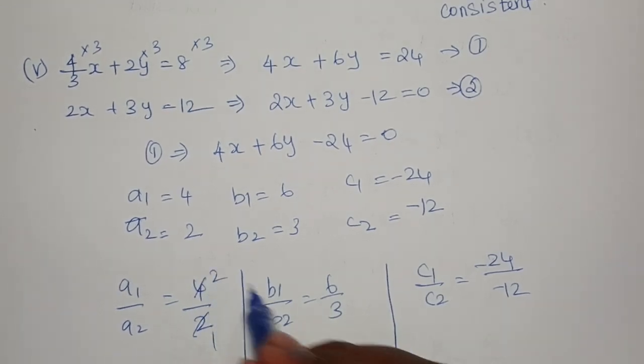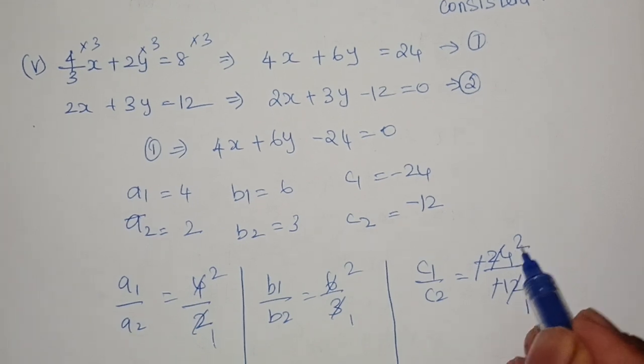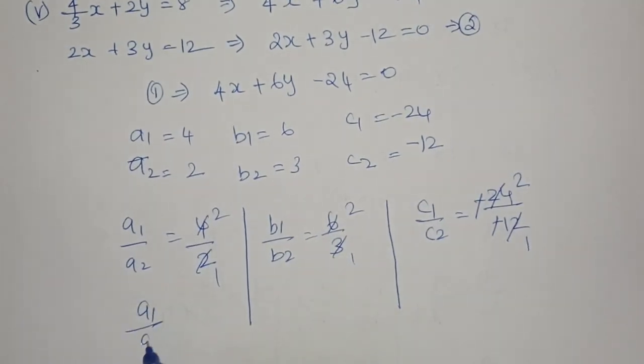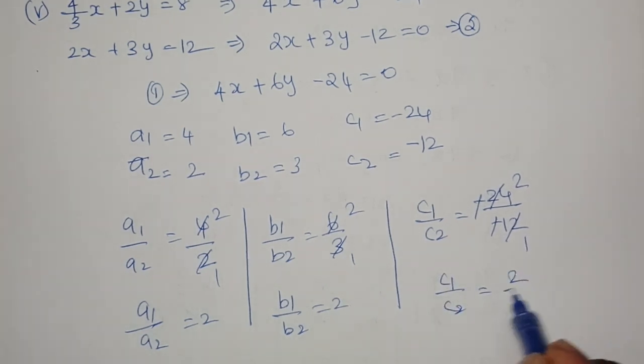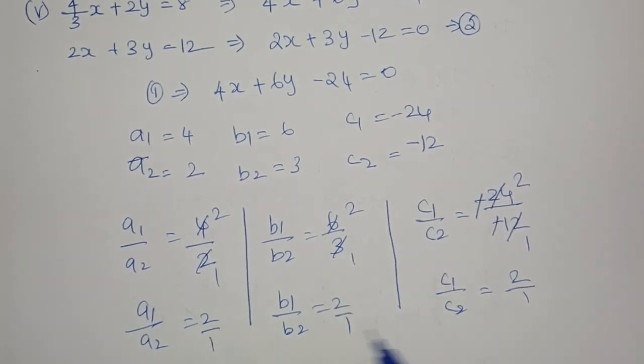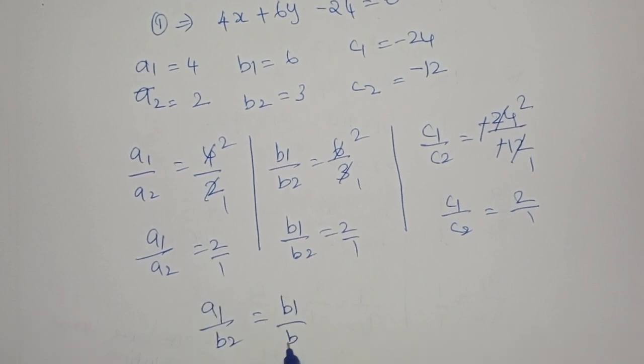The minus signs cancel. So a1 by a2 equals 2, b1 by b2 equals 2, c1 by c2 equals 2. You can also write 2 by 1, 2 by 1, 2 by 1. a1 by a2 is equal to b1 by b2 is equal to c1 by c2.